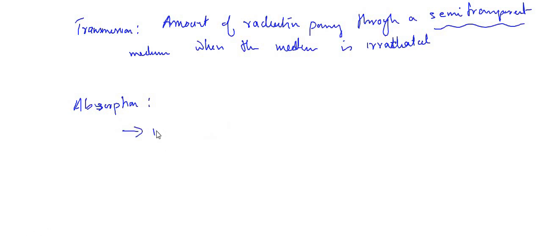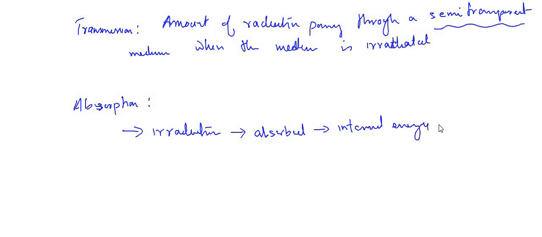So irradiation falls on the object, then a part is absorbed and then the internal energy is increased. When the internal energy is increased just because of the radiation falling on it, that is called absorption.